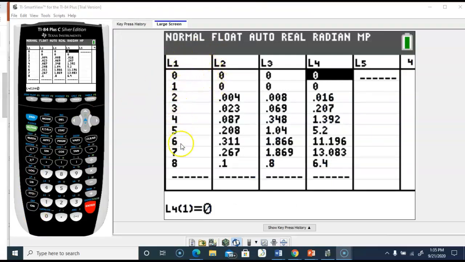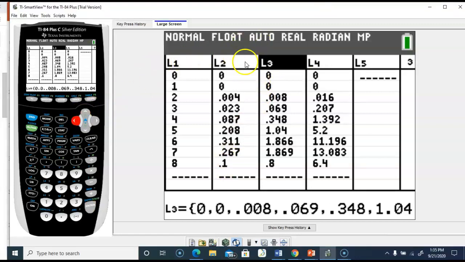So we put our x's in here, we put our p of x in here, and then for the L3, if you remember, you want to go all the way up here and highlight it and put in L1 times L2. If you're getting error messages, you're probably not going all the way far enough up. You need to have this part highlighted before you type in L1 times L2.